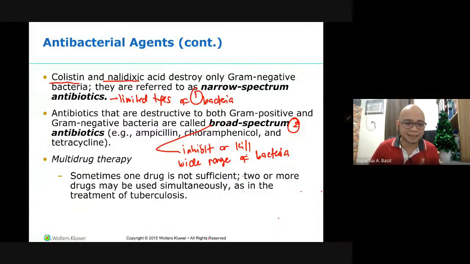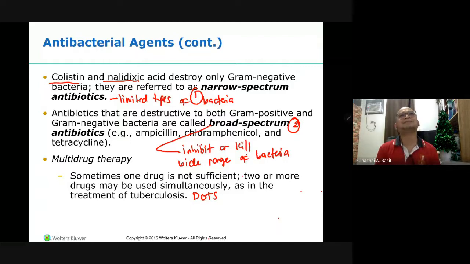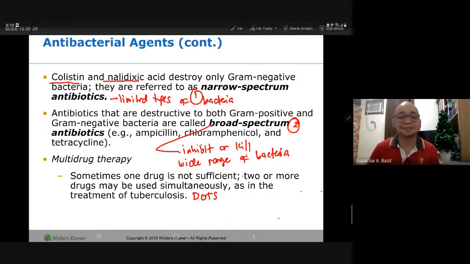Are you familiar with the DOTS clinic? Patients need to go to the DOTS clinic to take the antibiotics, and if you are the community health worker assigned in that clinic, you have to supervise the drinking of the drugs. You have to see to it that the patient is faithful in taking the drugs, because once they miss it, there's a chance that antibiotic resistance could develop.